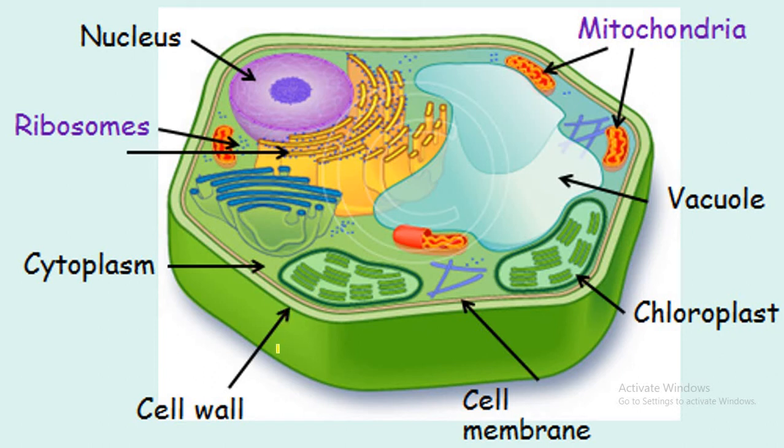The cell wall is a distinctive character for the plant cell, meaning that only plant cells have a cell wall, while animal cells, which are also eukaryotic cells, lack the cell wall. They only have the cell membrane.